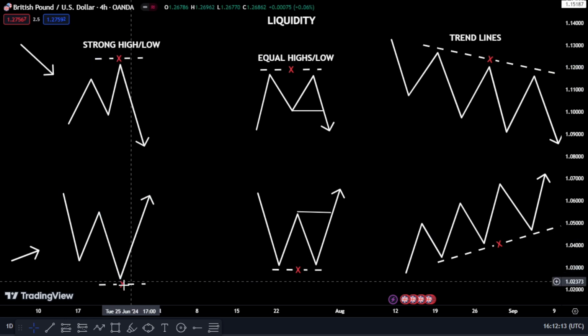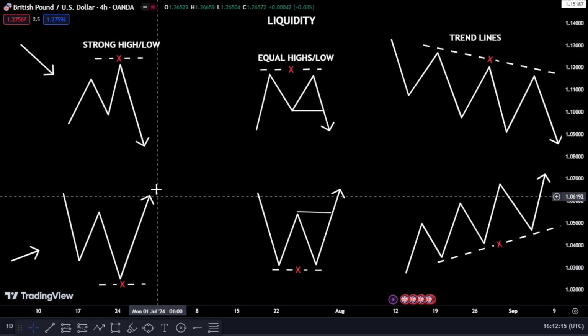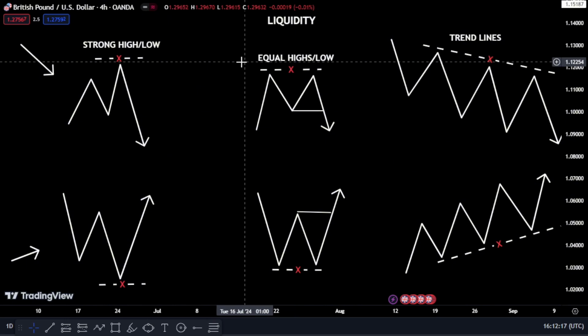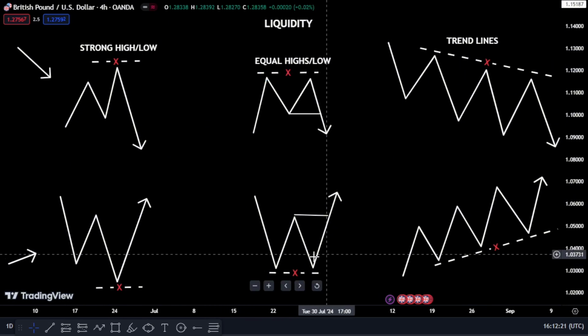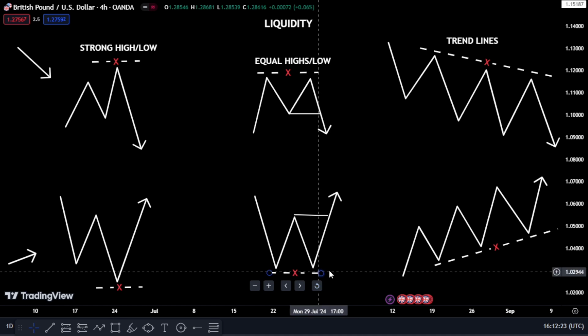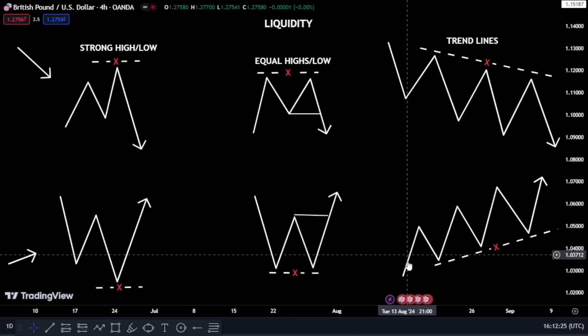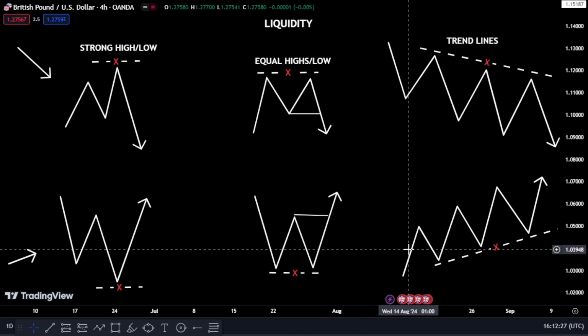For the strong lows, we have the sell side liquidity. Also, for the equal highs, we have the buy side liquidity. And then your trend lines, all those are liquidity pools for the big banks to actually manipulate the trade.